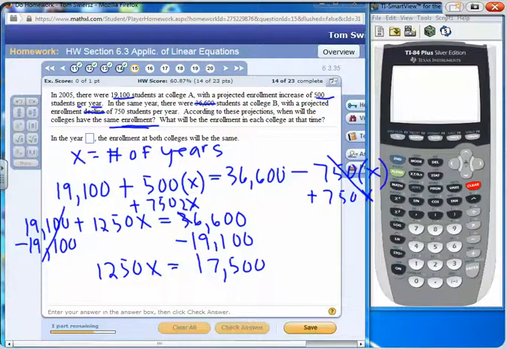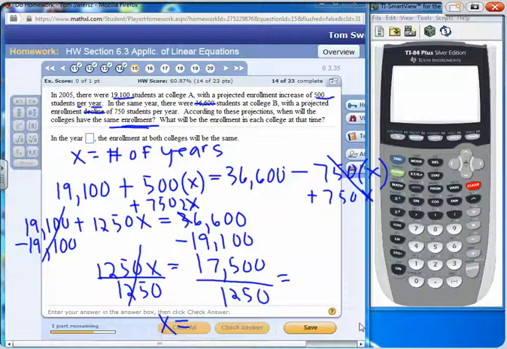So what remains is 1250X on the left side equals, when we subtract here, we get 17,500. So 17,500 equals 1250X. To solve for X, to make it 1X, we're going to divide by 1250 on both sides. We got to do it to both sides. This gives us 1, and 1 times X is X. So X is equal to 17,500 divided by 1,250, correct?